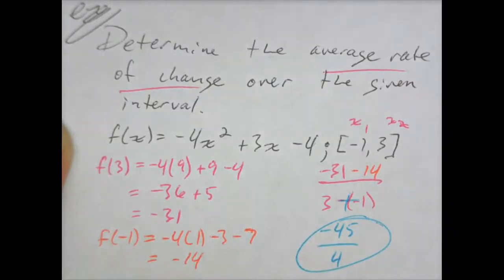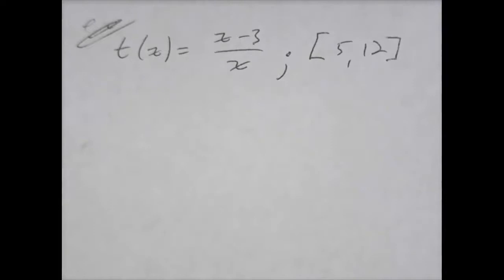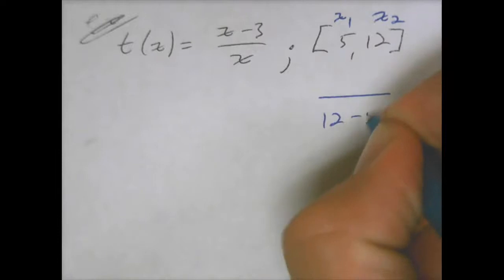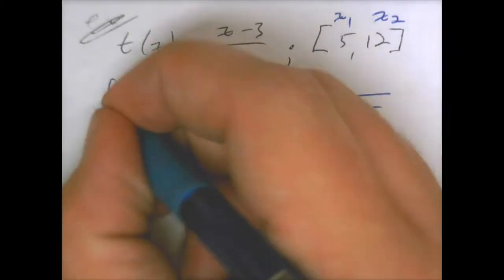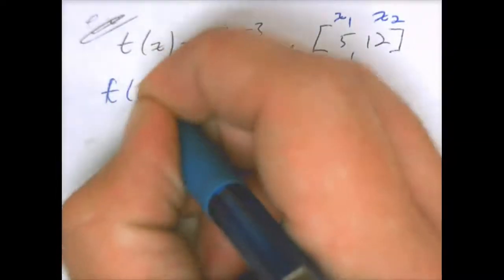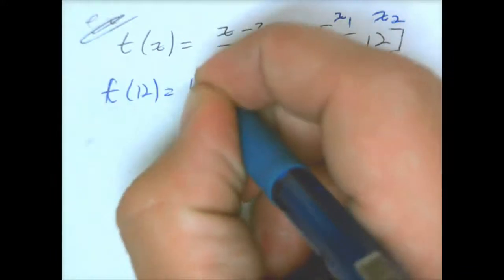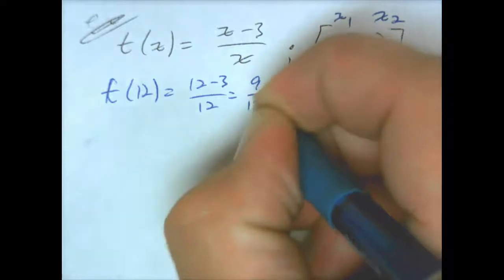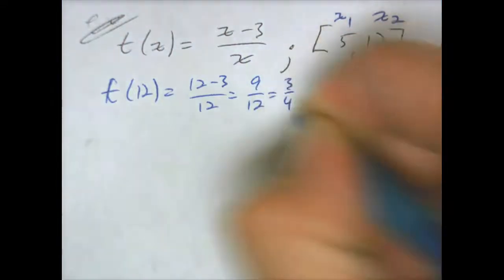Cool. All right, looking at the last one of our notes. Same thing, we're determining the average rate of change over the given interval. We have our x1, you have x2. So we at least know 12 minus 5. Plug in 12, so f of 12 should be 12 minus 3 over 12, which is 9 over 12, which is 3 over 4.